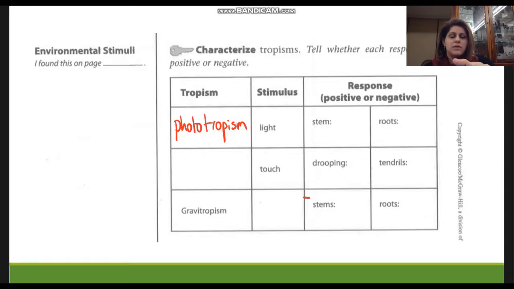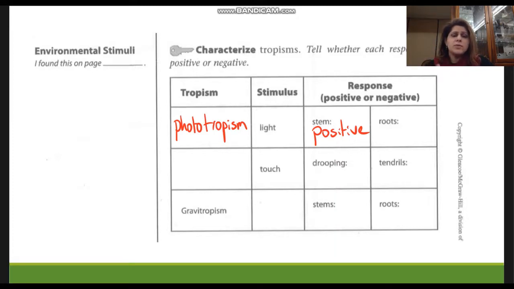Okay, so now we're talking about phototropism to be exact. So tropism is phototropism, the stimulus is light. Now the response, you have two types of responses. You have the positive response and you have the negative response. So when it's towards the stimulus, you call it a positive one, okay? So the stem will grow towards the light. So the light was the stimulus and the stem is growing towards it. So it's a positive response.